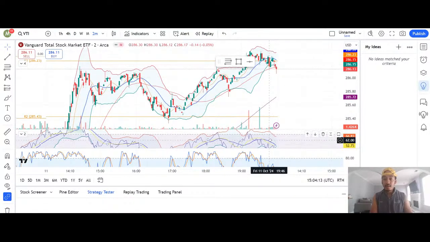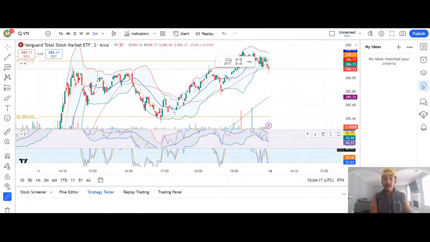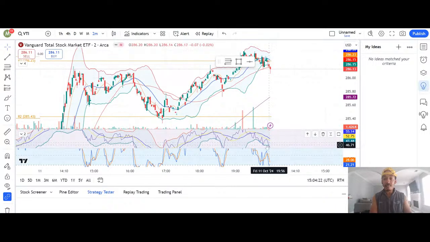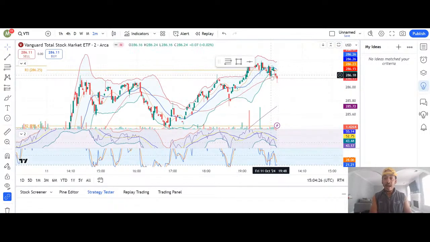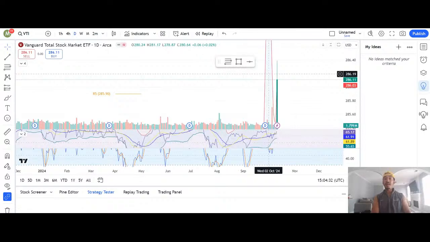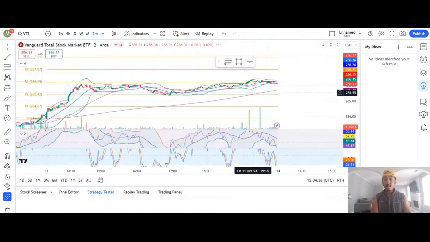We got the stochastic down here at the bottom. We got the RSI at the bottom of the Bollinger Band, and we got a hammer candle at the bottom of the Bollinger Band on a 2-minute time frame. So if we look at the daily time frame, we're overbought, but on a 2-minute time frame, we're oversold.